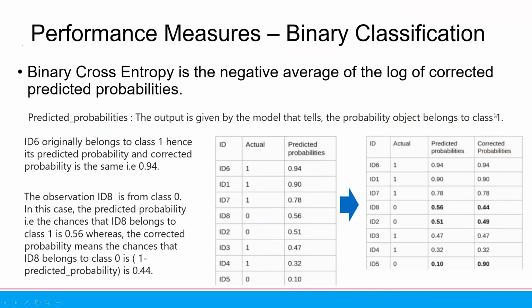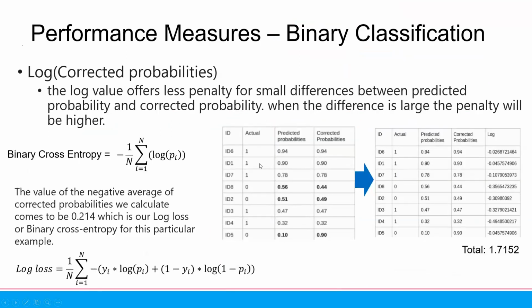After we have all the corrected probabilities, we will do the log. What is log? Log values give less penalty for small differences between predicted probabilities and the corrected probabilities. So the corrected probability 0.94 means it is nearby 1. Then the difference will be very small to 1.